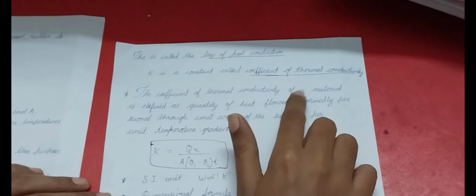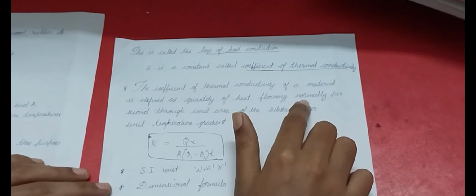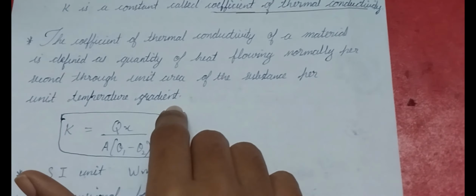The coefficient of thermal conductivity K of a material is defined as the quantity of heat flowing normally per second through unit area of the substance per unit temperature gradient.